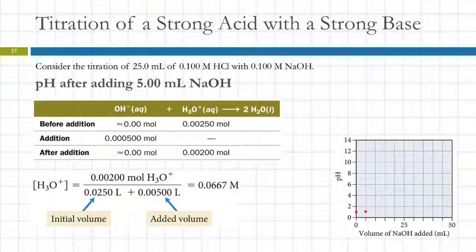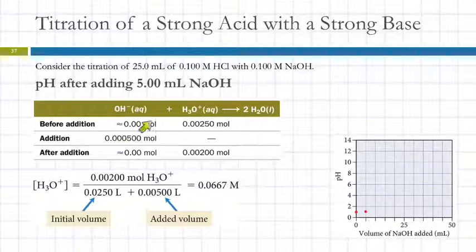So what is going to happen after we've added 5 milliliters of sodium hydroxide? Here we're going to use one of those BA tables. We need to use moles here. The reason we need to use moles instead of molarity is we're adding volume. The volume keeps changing throughout the titration.